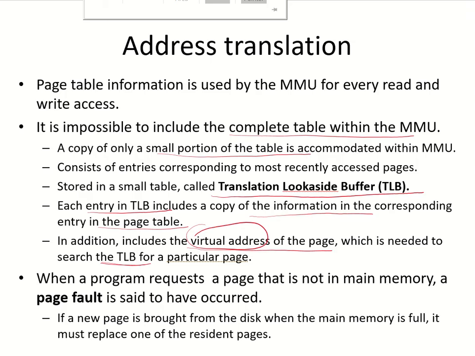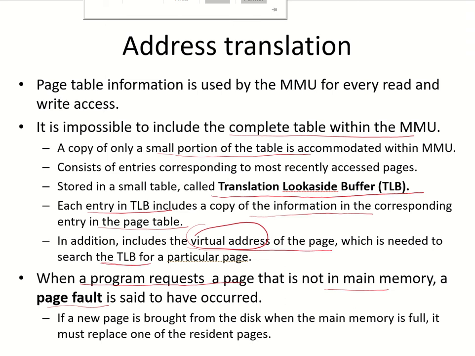And suppose a program requests a page that is not in the main memory, we say that a page fault has occurred. And now when that new page is brought from the disk, it is kept in the main memory frame and the page table is updated accordingly.